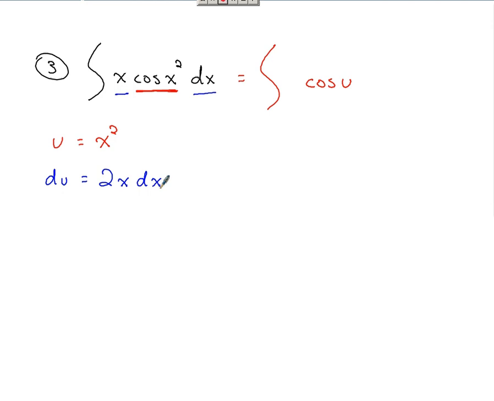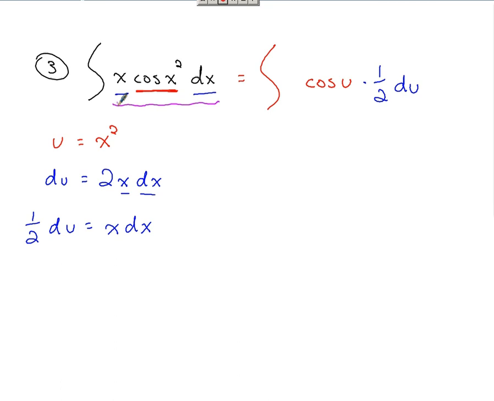The combination I'm trying to replace is x dx. There's my x and my dx. So divide this 2 over, make it 1/2 du equal to x dx. So to take the x and the dx out, I have to replace it with a 1/2 du over here. Now everything's accounted for from the original problem.